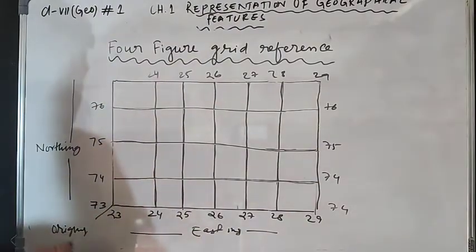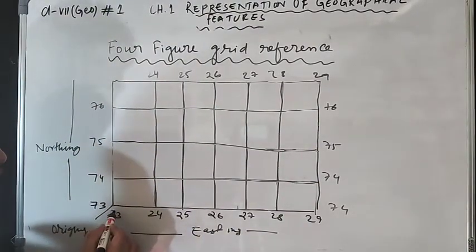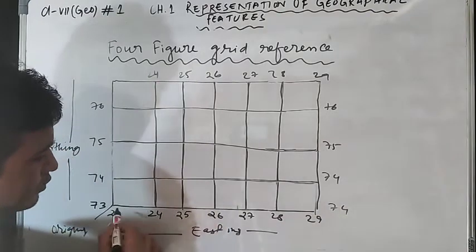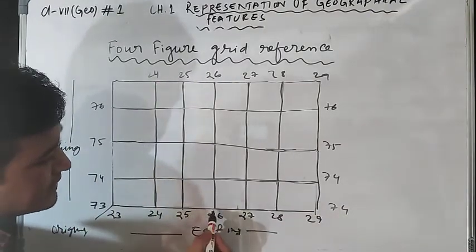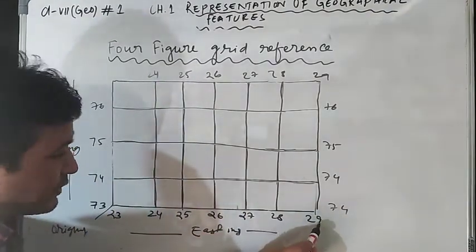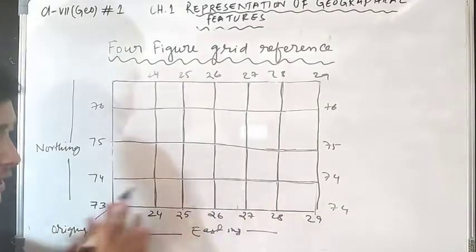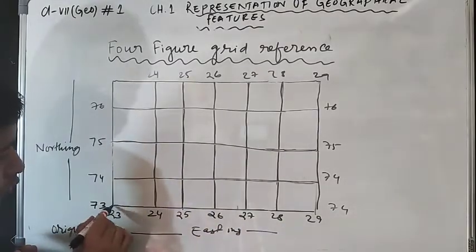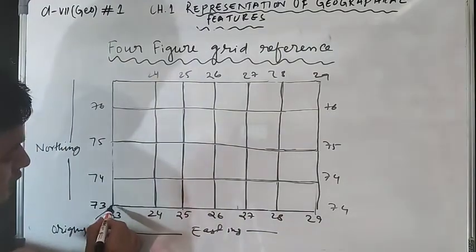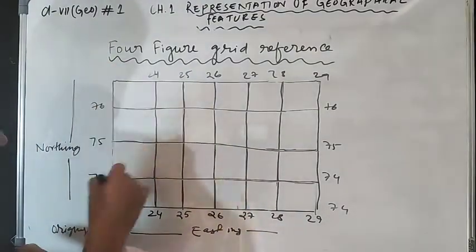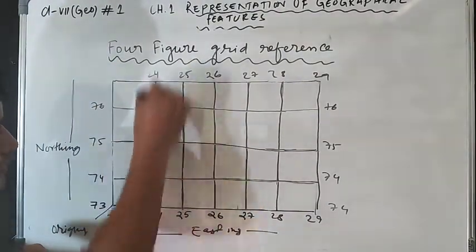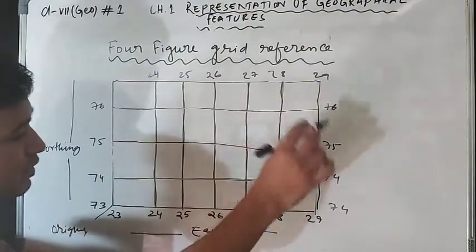And they move from the origin towards the east. Not in this way. They move from the origin towards the east. So that's why 23 is also an easting, 24 is also an easting. So these are called easting.